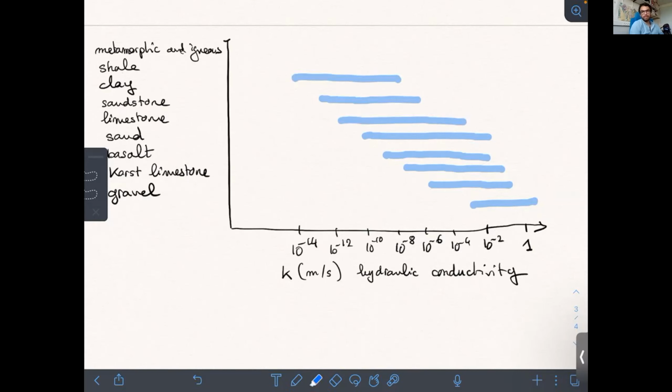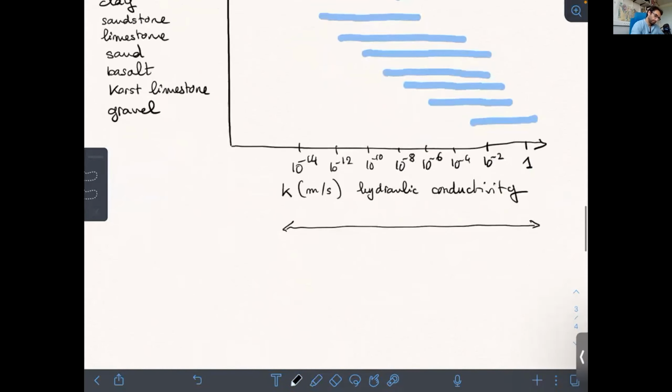But from this image, you notice 2 things: there is a huge variability. So we are talking about a factor 10 to the 14.